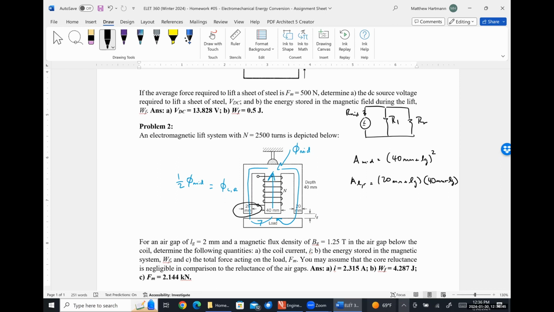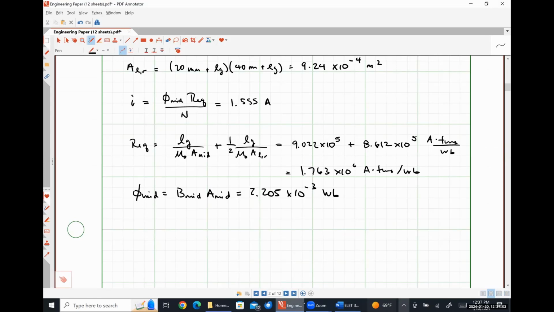So it should be 22 millimeters by 42 millimeters. I'm going to throw a circle around that for now. I think that's correct. I'll have to figure out whether I made the mistake here or in my solutions that I was knocking out 5 minutes before class.